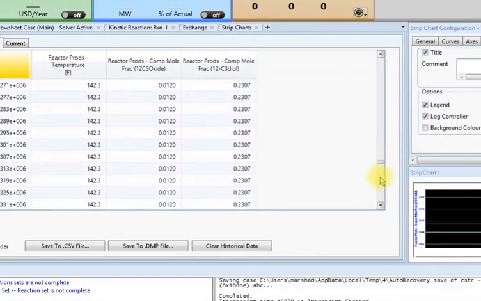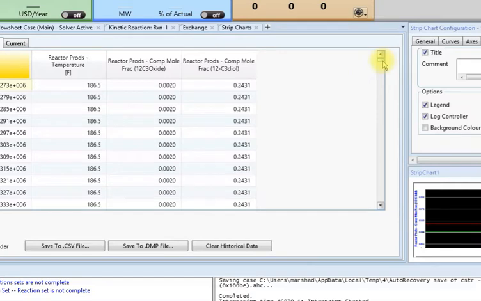Okay, makes sense. Now let's see the oxide. This is the reactant. Reactant was 0.002. The temperature of the reactor is decreased. So when temperature decreases, conversion will decrease also.